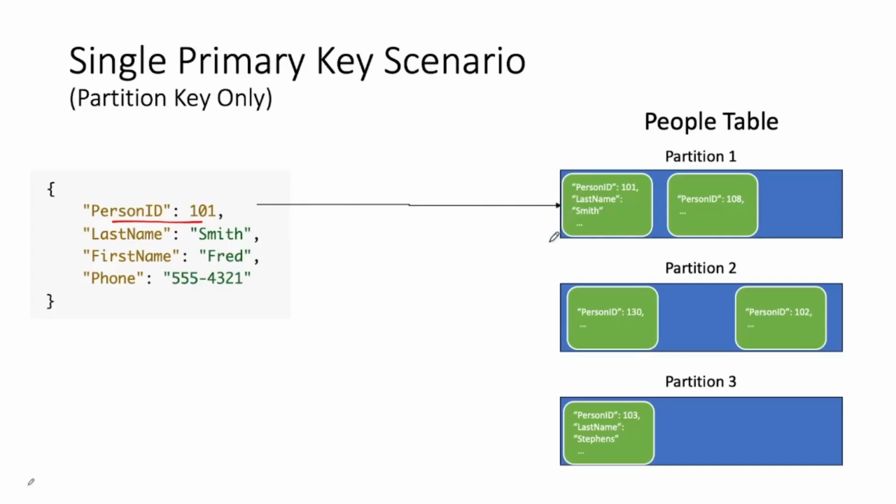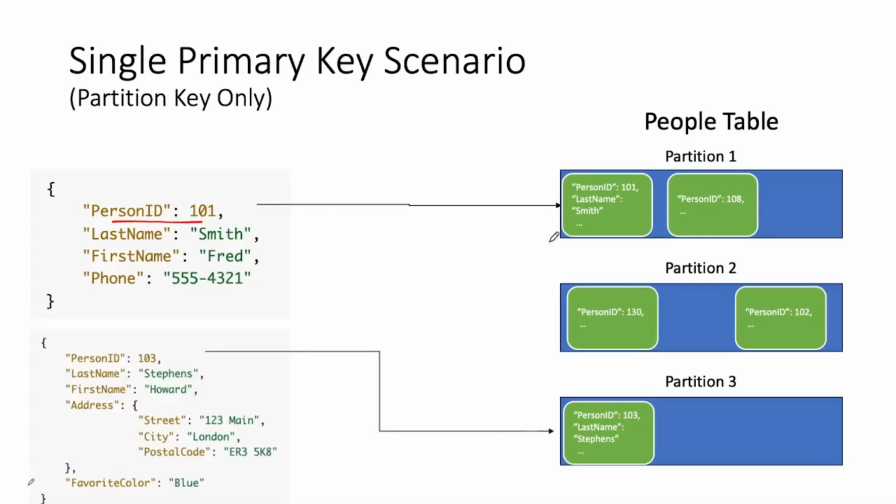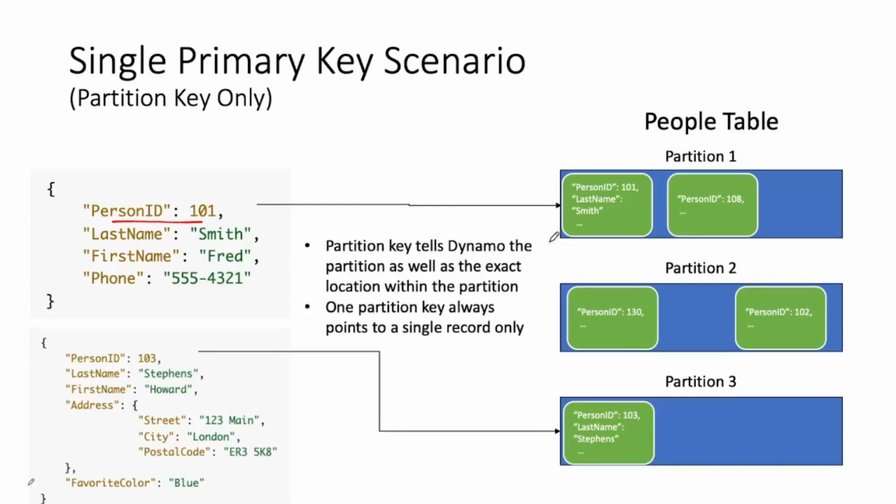It's telling us the partition where this record is located, as well as the location within the partition where this record exists. Here is another example of another person entry with person ID 103, and it is located in partition number 3. So as I was mentioning, the partition key tells Dynamo the partition as well as the exact location within the partition. And in a single primary key scenario, one partition key always points to a single record.